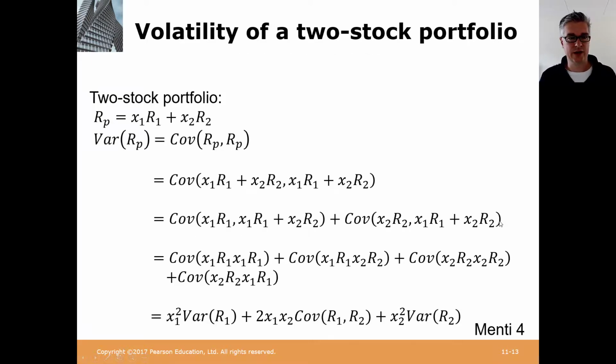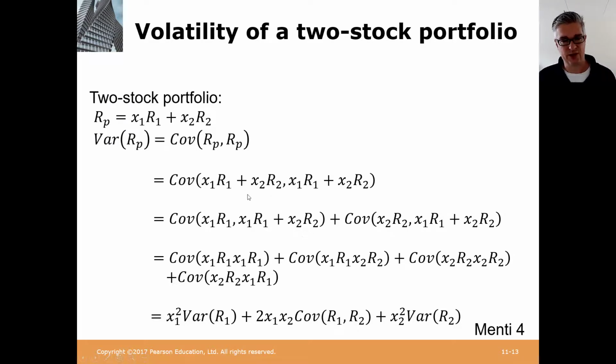So let's see if that actually comes out. If we have this two-stock portfolio, let's follow the exact same steps as before. The return of the portfolio is x1 times r1 plus x2 times r2. If we write out the variance of this portfolio, this should be the covariance of this portfolio with itself, so the covariance of x1 r1 plus x2 r2 with x1 r1 plus x2 r2.